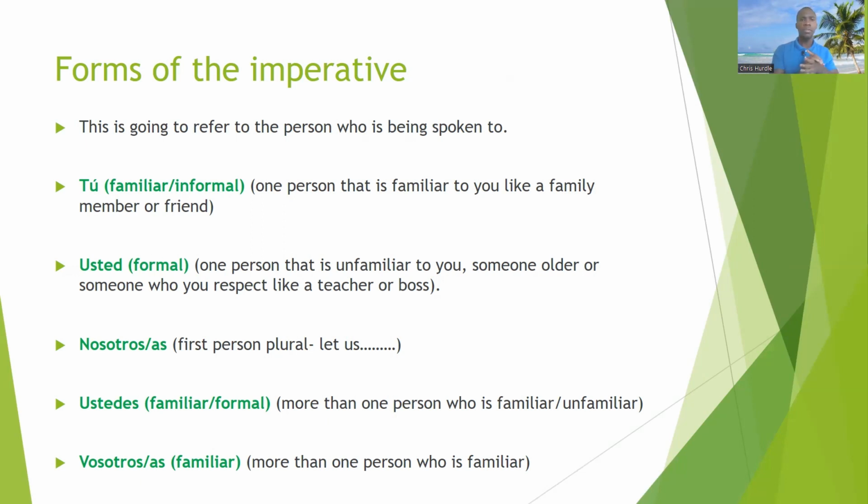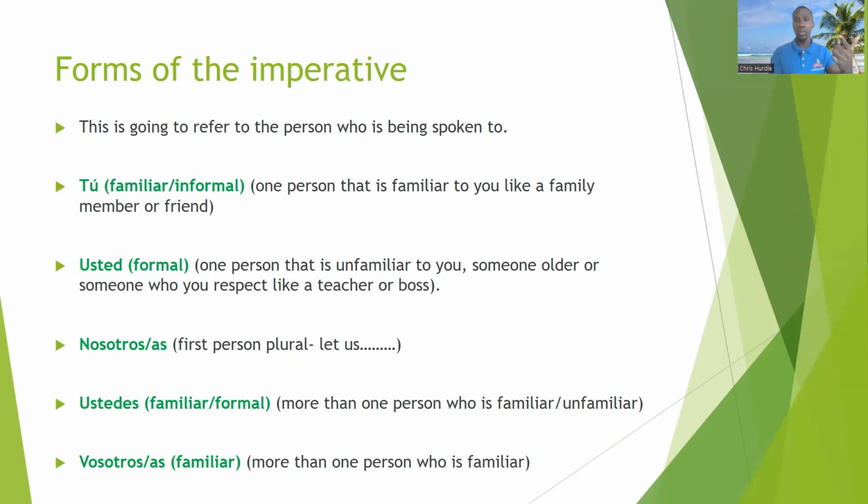Now, the first form of the imperative is going to be the tú, which, as you know, is a second person singular, right? That is going to be used for persons that we know very well, right? And it's going to be talking about one person. So a family member, a friend, what have you. So that is going to be the tú.